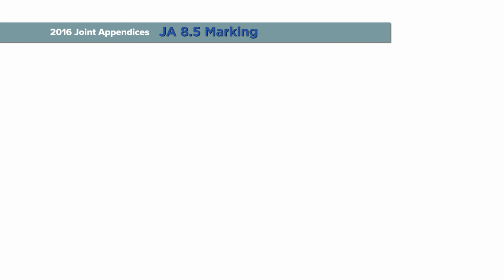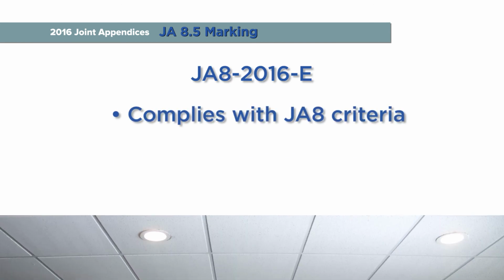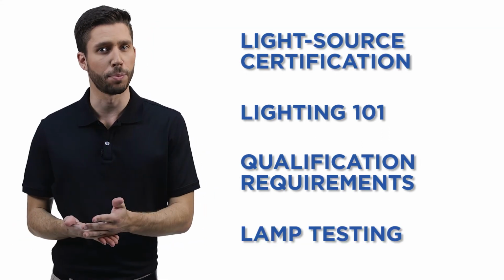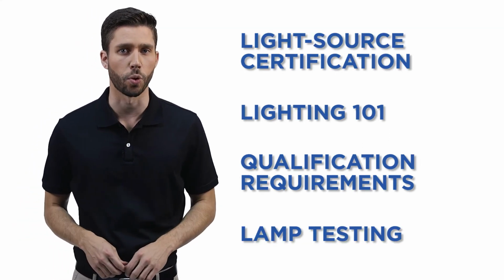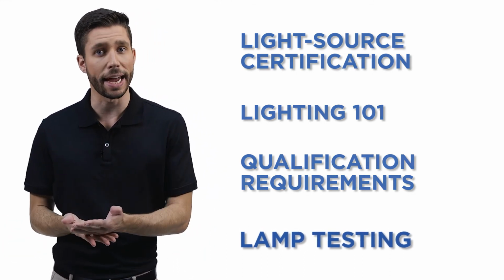This marking indicates that the source complies with all JA8 criteria and may be installed in elevated temperature applications, such as ceiling, recessed downlights, and enclosed fixtures, in addition to any other applications requiring a JA8 compliant source. Manufacturers must test their products at an accredited test laboratory to verify that their products meet all specifications of JA8.